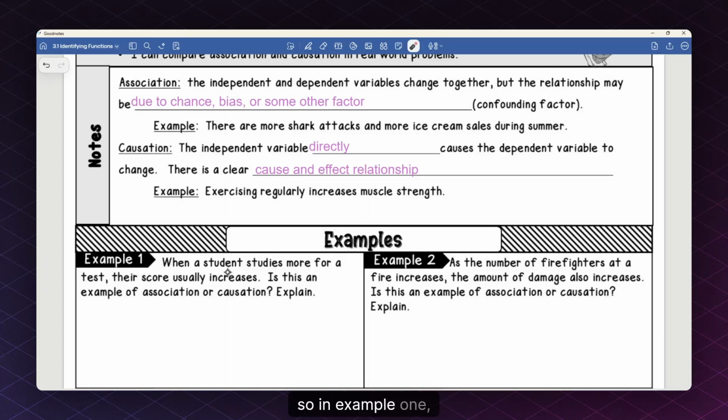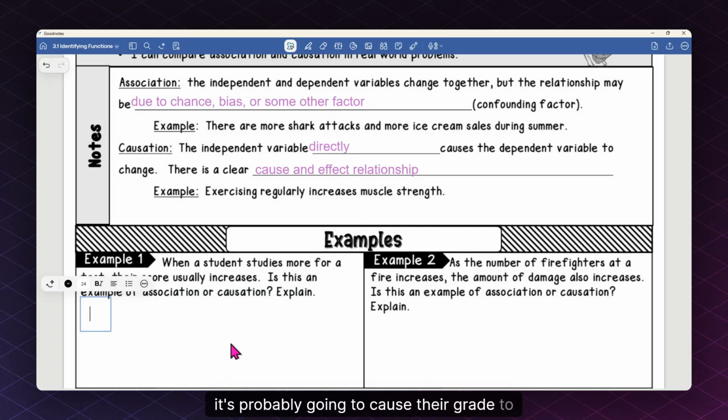Okay, so in example 1, it says a student studies more for a test and their score usually increases. Is this association or causation? Okay, well, if somebody is studying for an exam, it's probably going to cause their grade to increase.